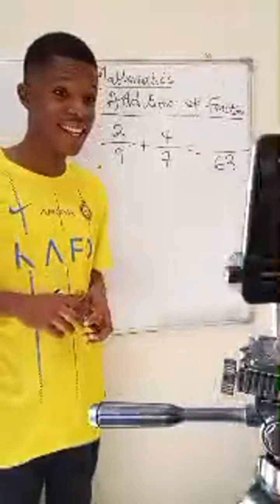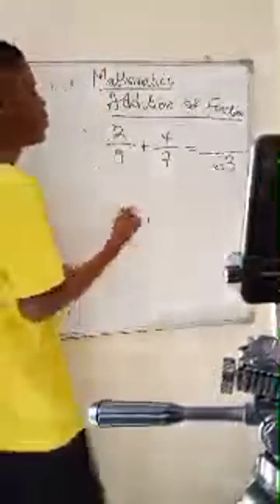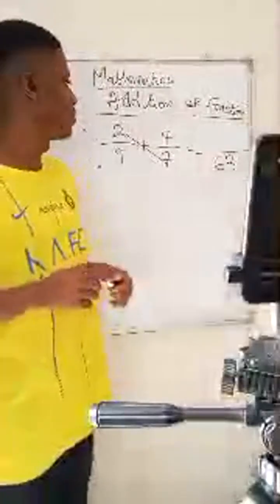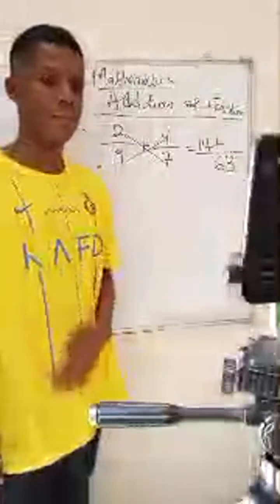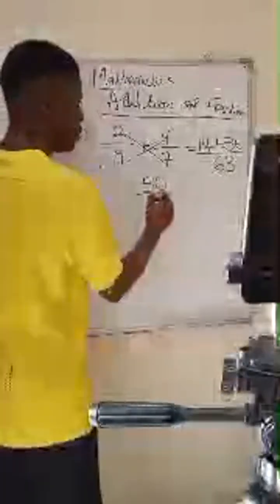Then we'll multiply diagonally. 2 times 7 is 14. Then since we are adding, we put the addition sign. 4 times 9 is 36. 4 plus 6 is 10. 3 plus 1 is 4, plus 1 is 5. So the answer becomes 50 over 63.